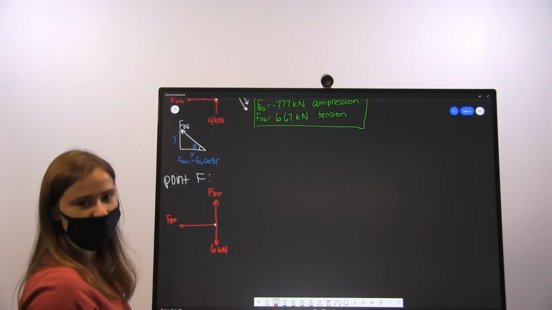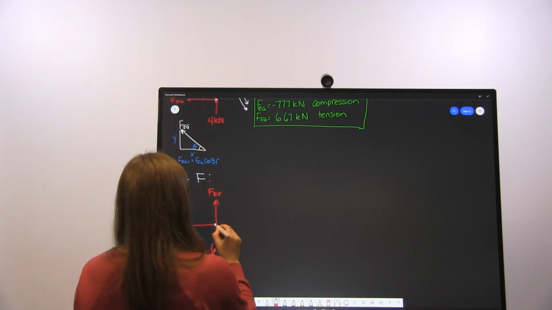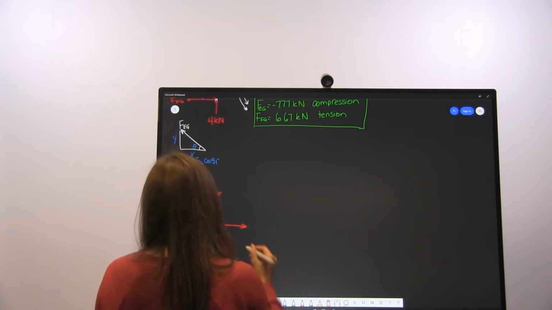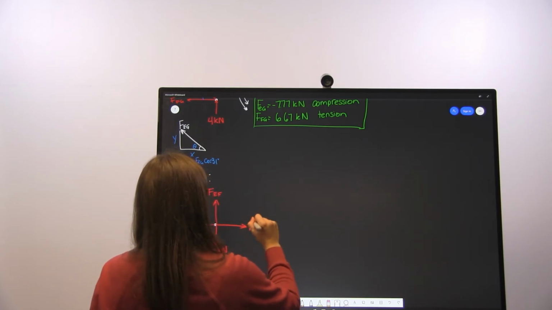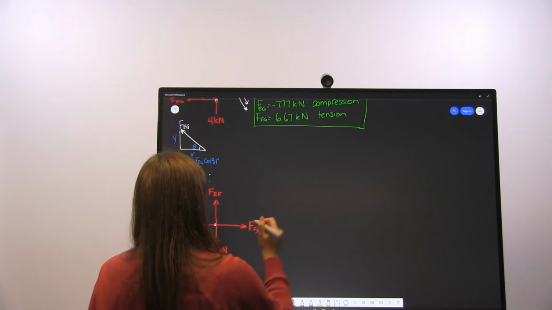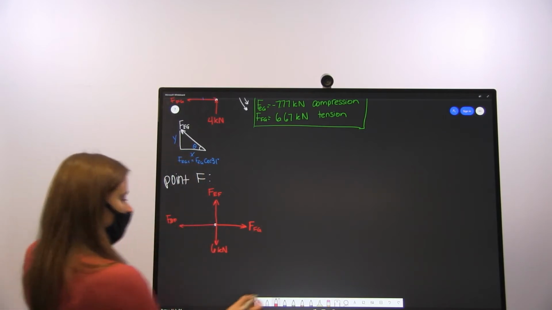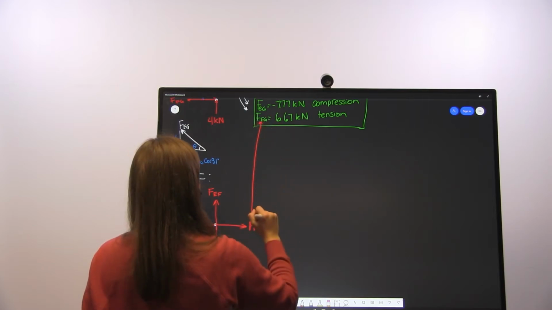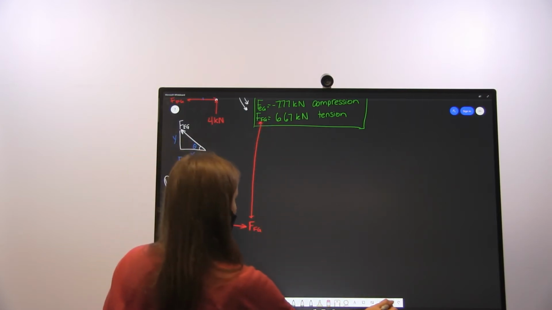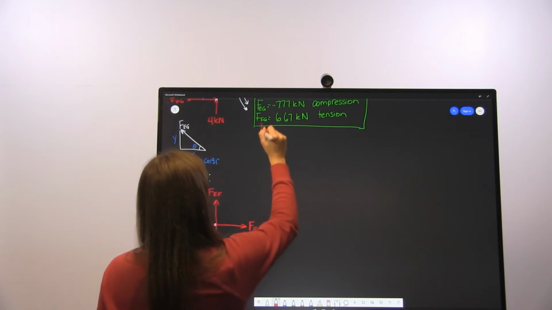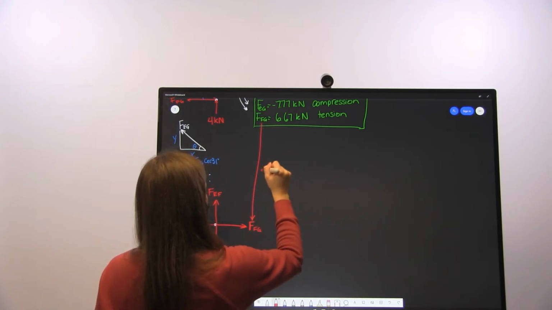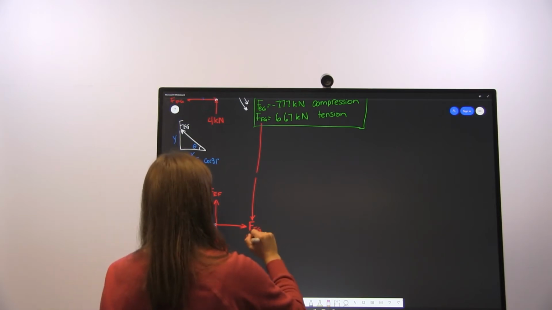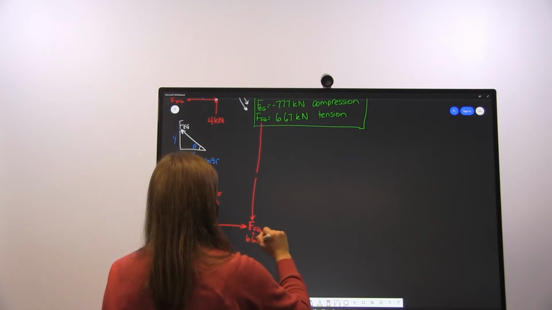That was given to us. That was our first given value from the problem. And then a force to the right, that is our force of member FG. But we know this value, so we know that this is equal to 6.67 kilonewtons.